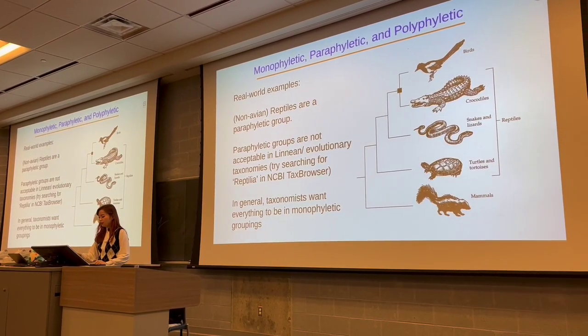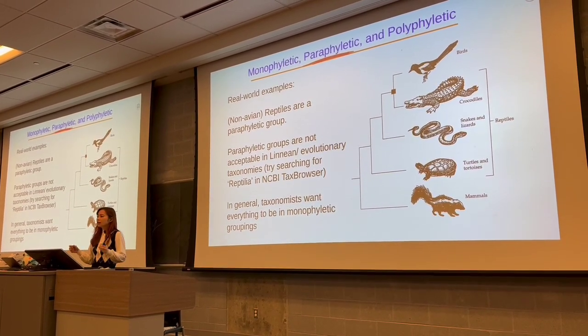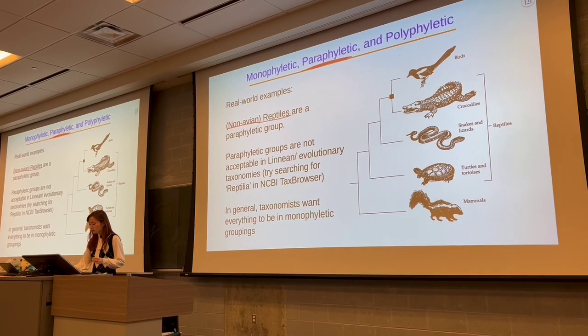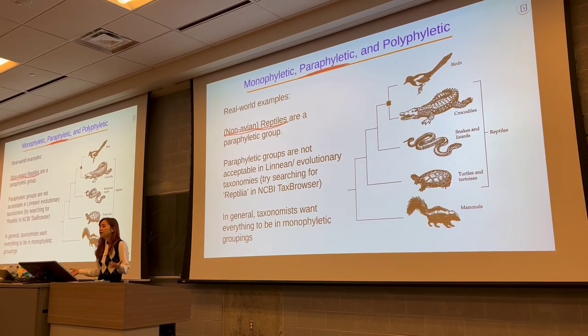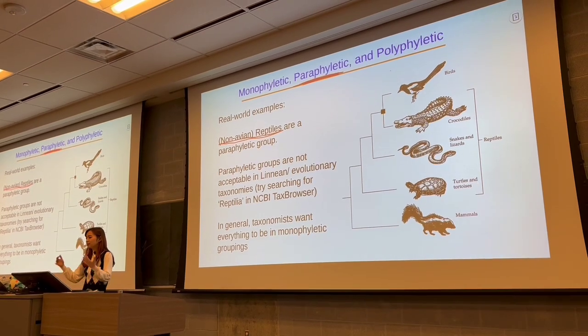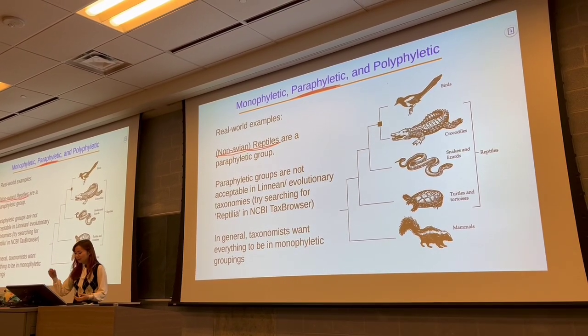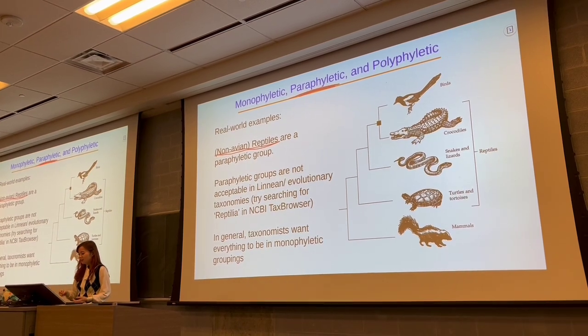And then for a paraphyletic group, we have reptiles. Or specifically, these days we tend to say non-avian reptiles, because most biologists have just kind of accepted that birds are reptiles, and when we say reptiles, it kind of just means birds and reptiles, and so we have to specify non-avian reptiles now.